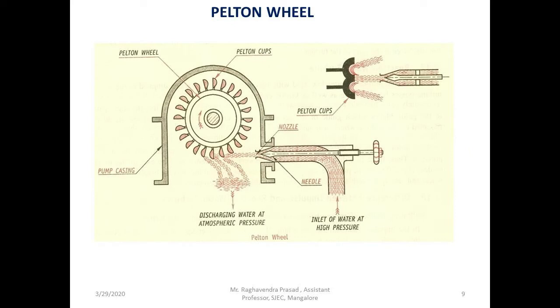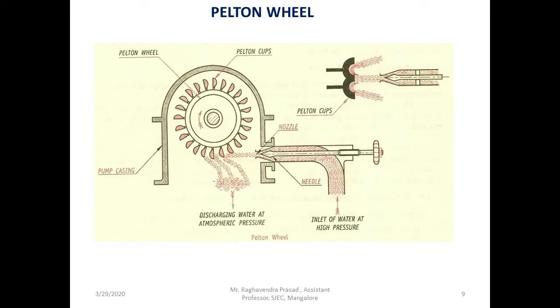So the Pelton wheel is a high head tangential flow horizontal shaft impulse turbine. It is high head, that means the head must be more than 150 meters, that is, the height of the dam must be more than 150 meters. And it is tangential flow. You can see in the diagram the flow of water is perfectly tangential to the shaft.